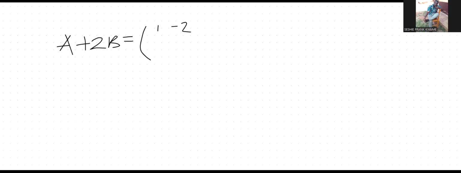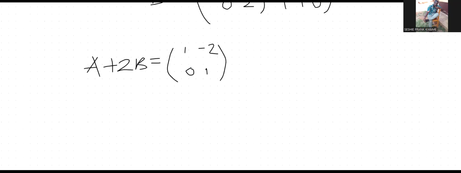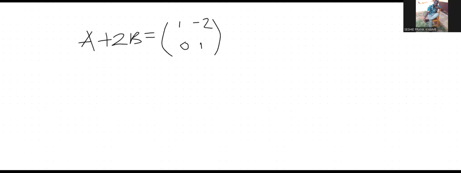The value of B we got is 0, negative 5, 1, 2. And that should be equal to 1, negative 2, 0, 1.